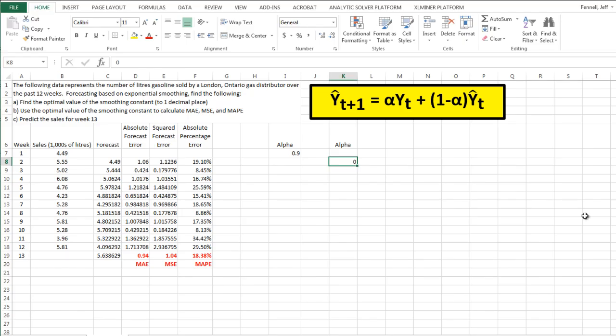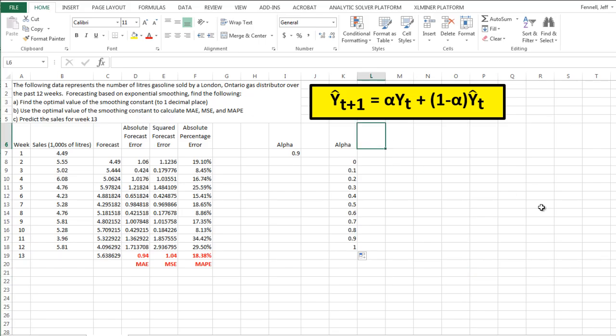So I'm going to say, make alpha anything between 0, its absolute lowest value, increasing by 1 decimal place at a time up to its highest possible value of 1. So there's all the possible 1 decimal options for alpha, from a lowest value of 0 up to a highest value of 1.